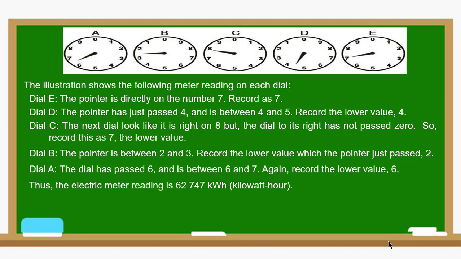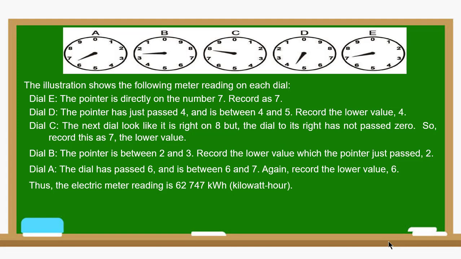The illustration shows the following meter readings on each dial. Dial E. The pointer is directly on the number 7. Record as 7. Dial D. The pointer has just passed 4 and is between 4 and 5.